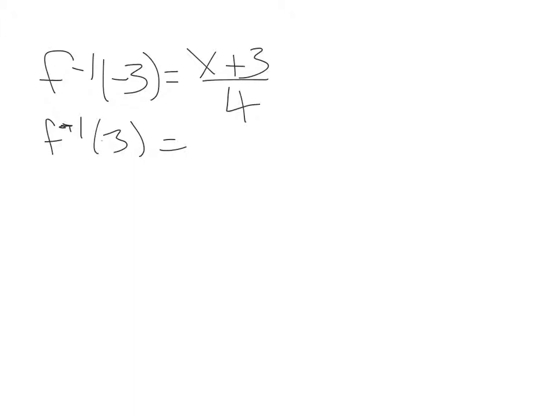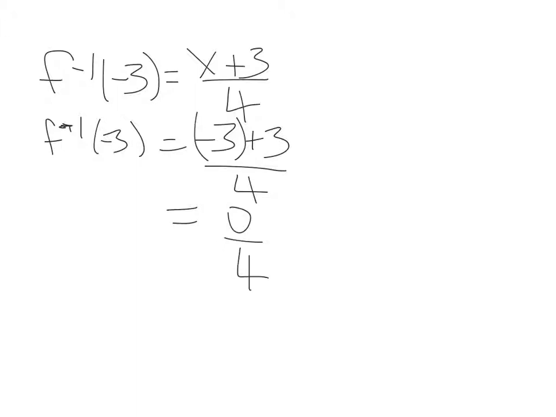So x becomes negative 3, put brackets around it, and it's all over 4. Now you just add them together, so negative 3 plus 3 is 0 over 4. 0 divided by 4 is 0. So the answer of the inverse of negative 3 is 0.